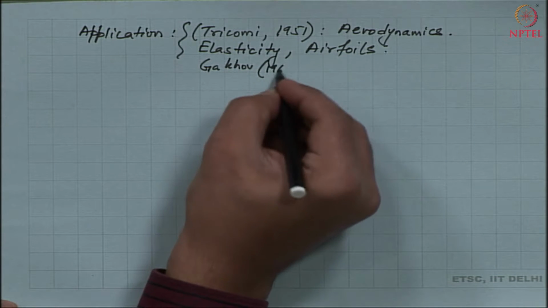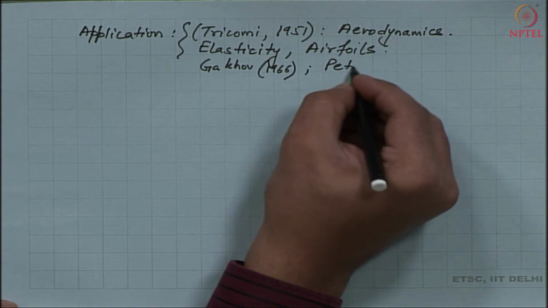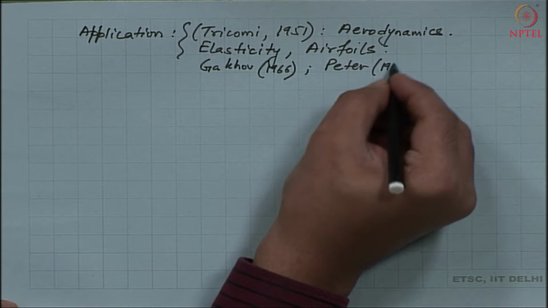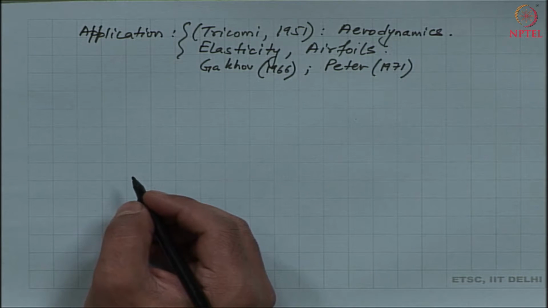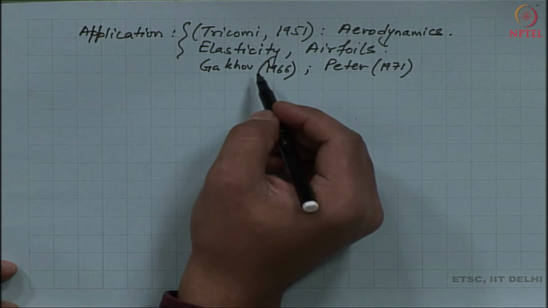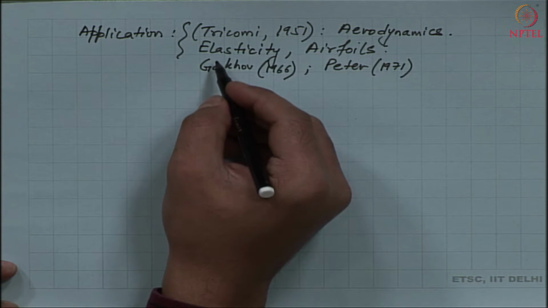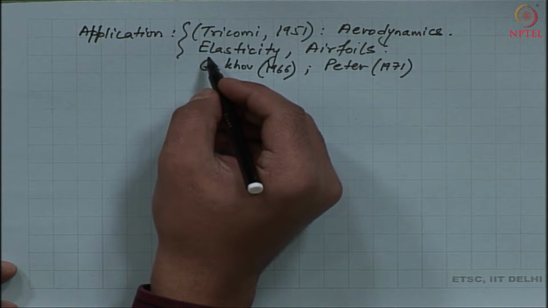There was a paper published in 66 and by Peters published in 71. Okay. So, we see that without specifically solving some problems involving the Hilbert transform, I have just highlighted some of the examples where Hilbert transforms are widely applicable.